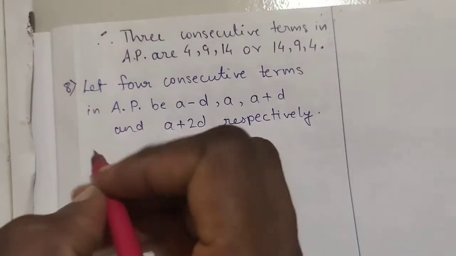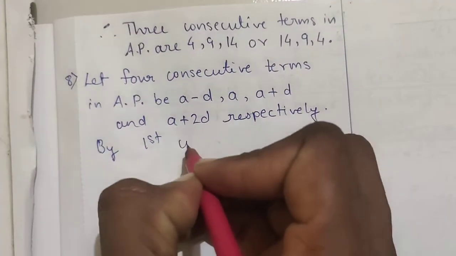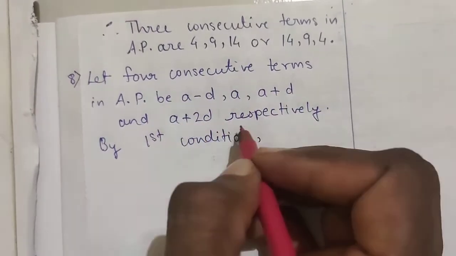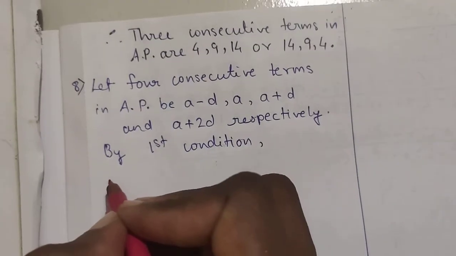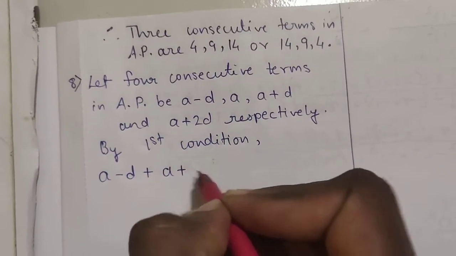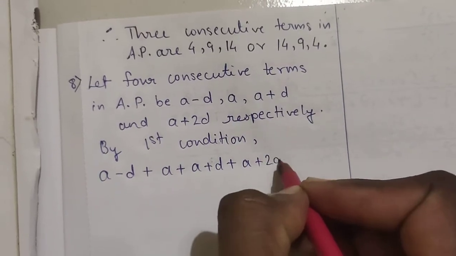Okay, now let us use the condition which is given to us by first condition. Your first condition is what? Addition of all these 4 terms is 12. So let us add these 4 terms. First term plus second term plus third term and then plus last term, fourth one.